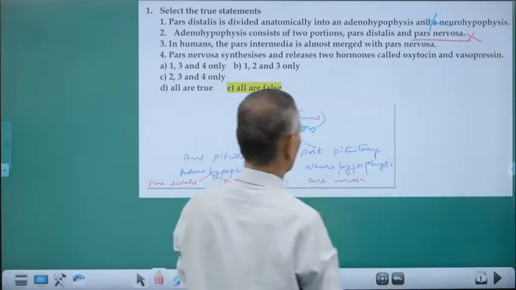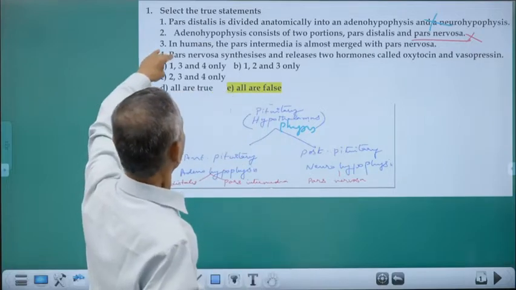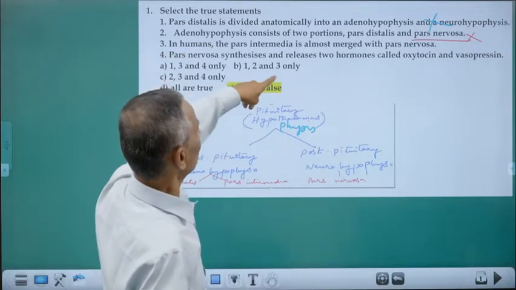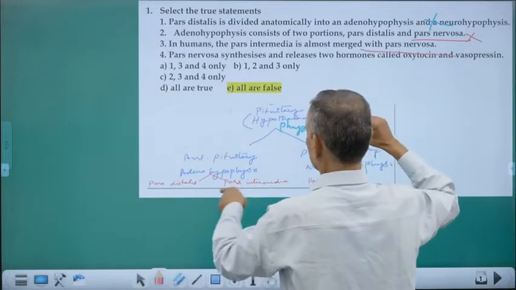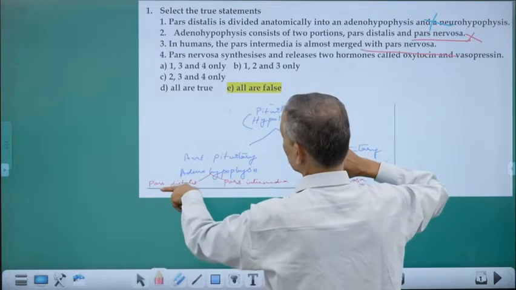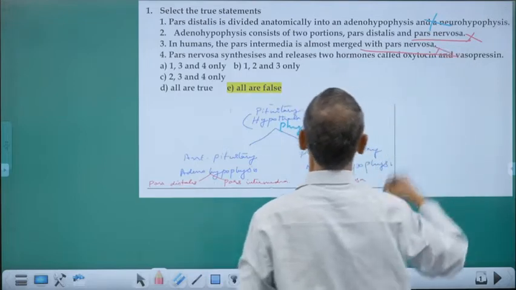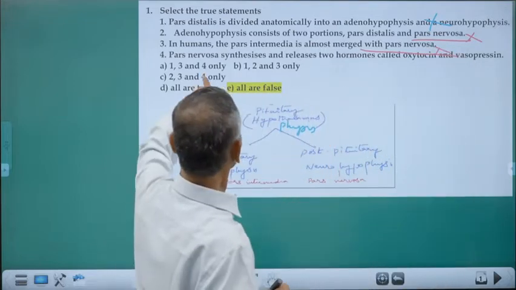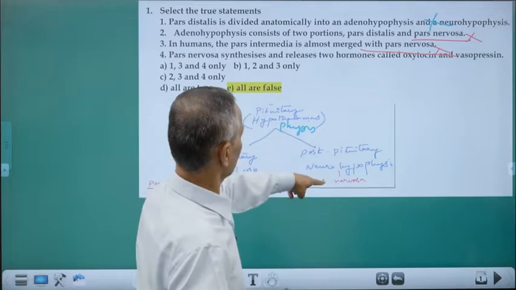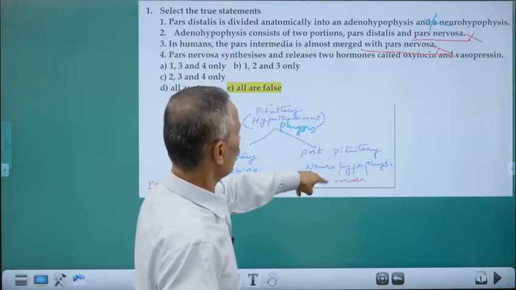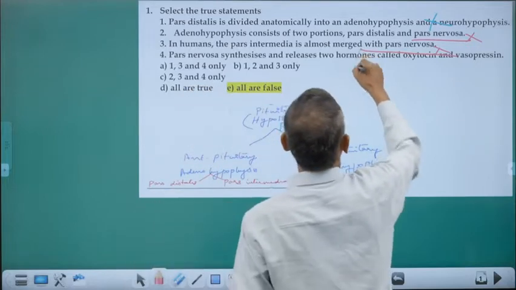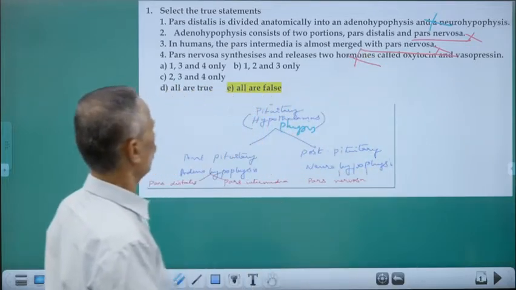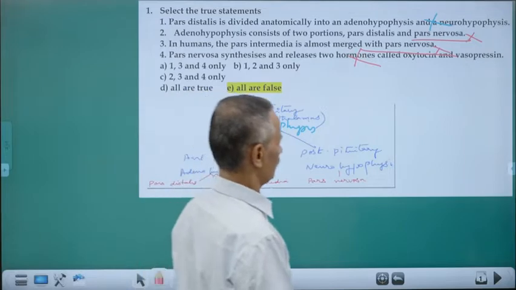Pars nervosa is posterior. In humans, pars intermedia is almost merged with the pars distalis. Pars nervosa synthesizes and releases. Pars nervosa is not at all producing any hormone. It is a posterior pituitary. So that also is wrong. So all of them are false.